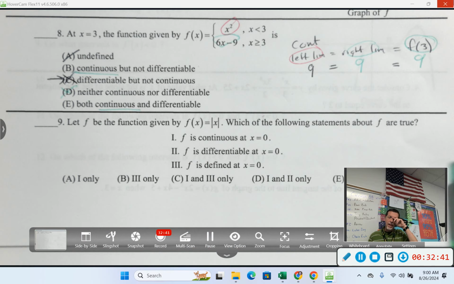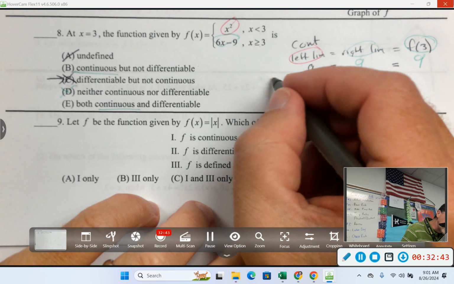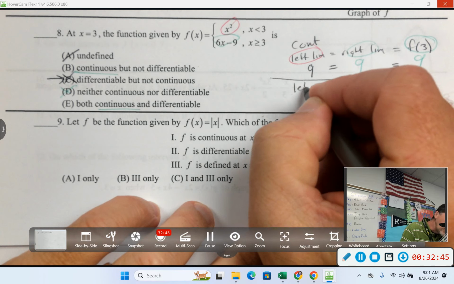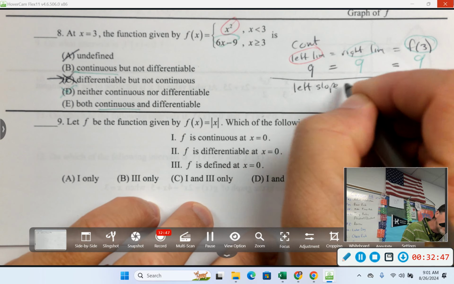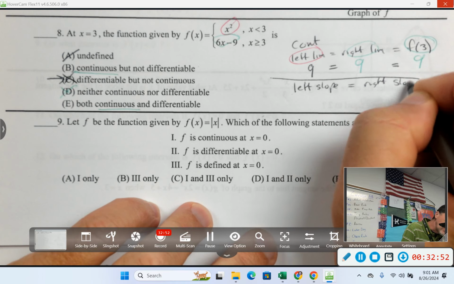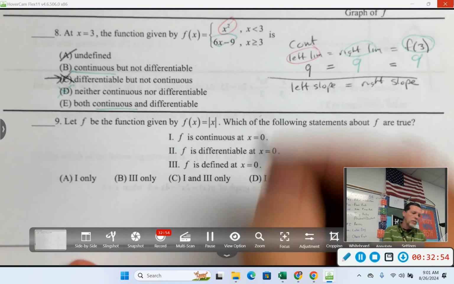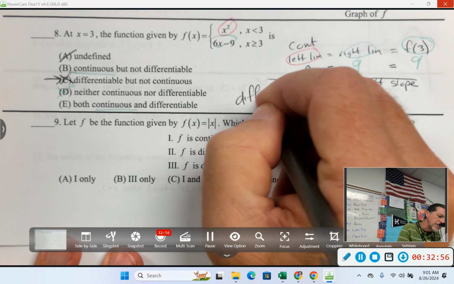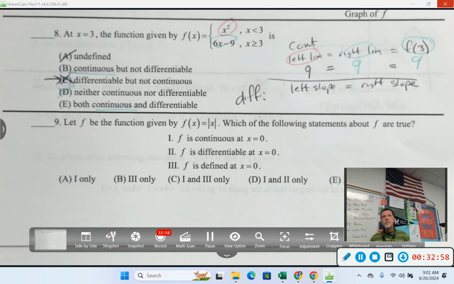And then the next thing I need is the slope one. I need the left slope, or the left derivative, to equal the right derivative. That's my differentiability test. So it's similar to continuity, except instead of values matching up, we now need the slopes to match up.